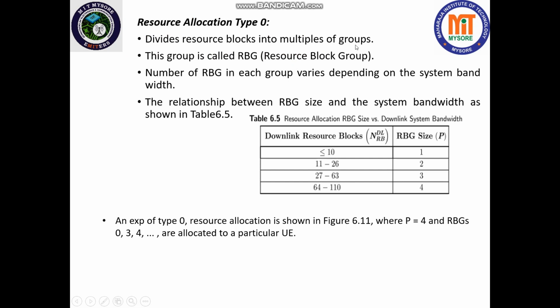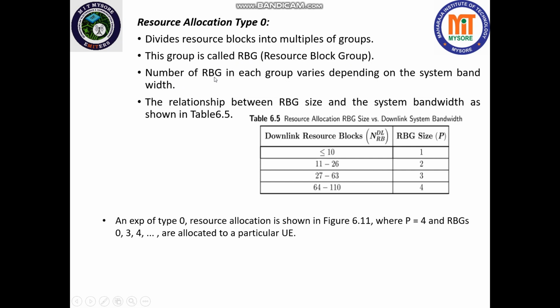Okay, multiple groups will be there, in that resource blocks will be there. This group is called a resource block group. So there will be 5, 10, 15, likewise different numbers of resource blocks in one group, and there will be multiple groups of the same kind.